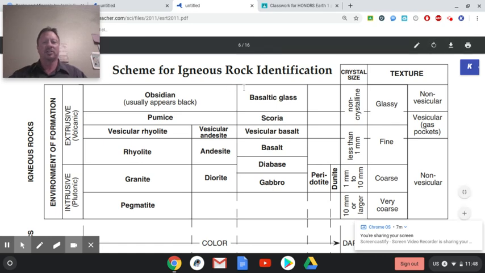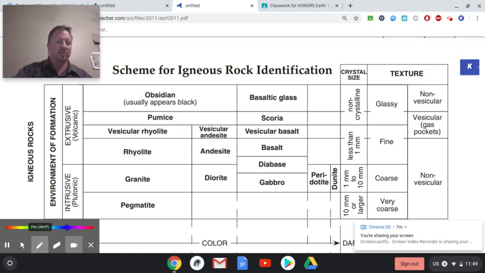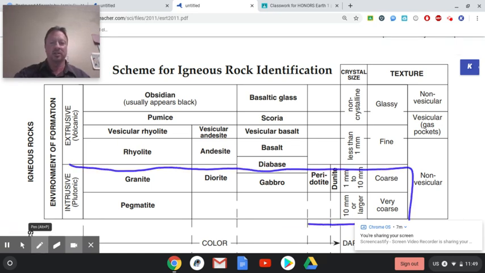Okay, so igneous rocks, this is one of the reference tables. And you could see here some of these terms. You have intrusive, extrusive. So when you say intrusive, that means all these rocks right here are intrusive. Sometimes you'll also see the term plutonic.